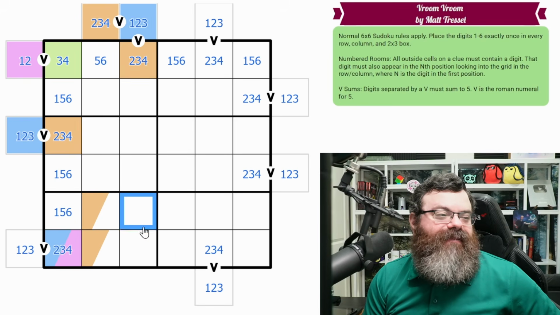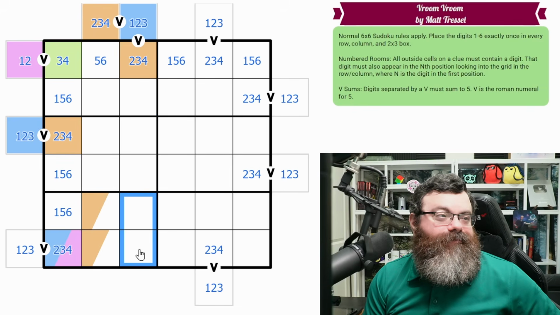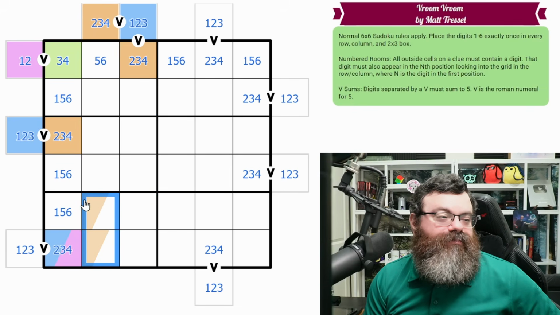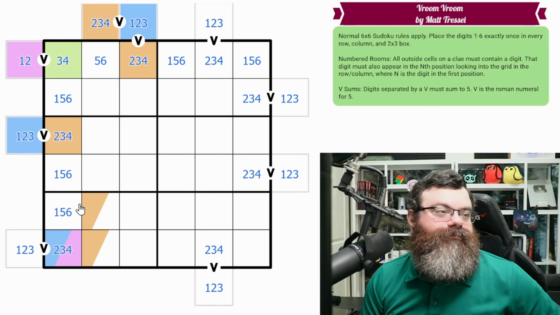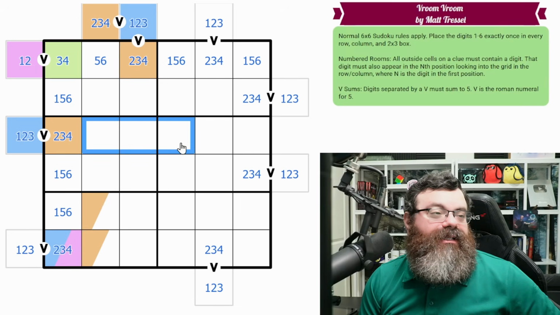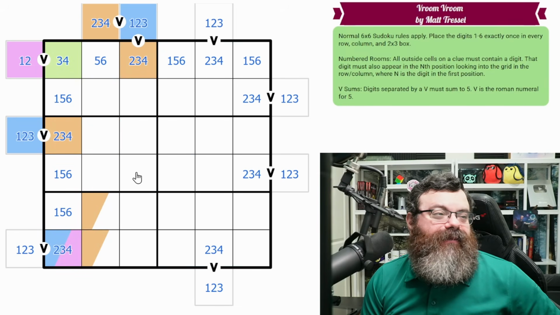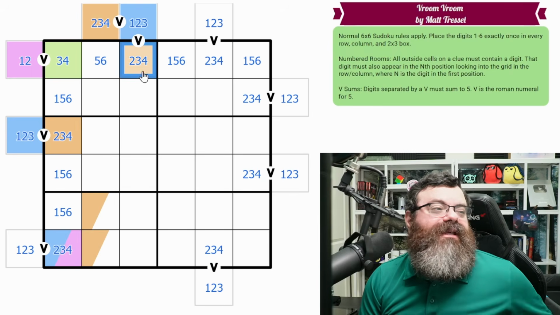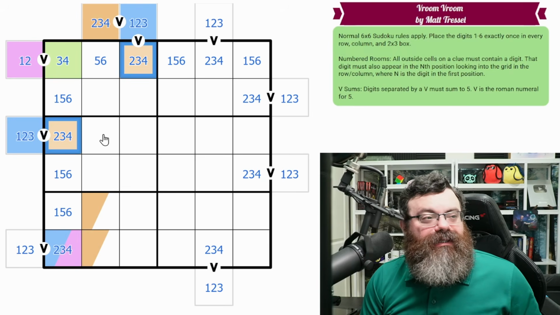Now, that means that these are not blue. So blue's one of these. Even this could be blue. It could be 1. Blue is one of these three. Blue is one of these three. Okay. Well, these two are the same digit, so they're connected.